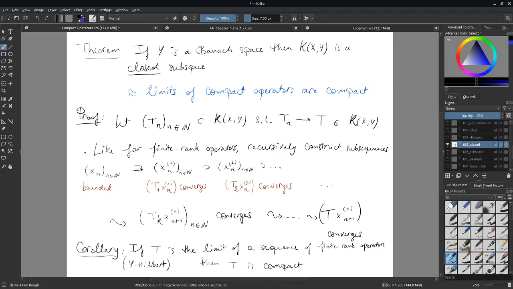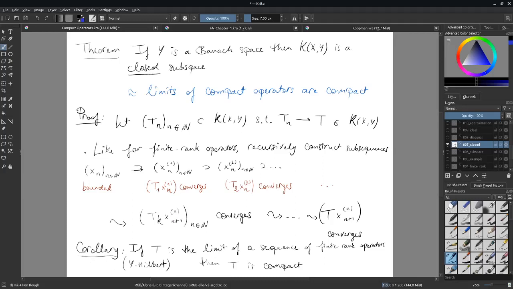So the idea is we start with a bounded sequence. From this we can find some subsequence such that T_1 of x_n converges. From that we can then extract another subsequence such that T_2 of x_n converges, and so on. So for any k we can find a subsequence such that T_k of x_n converges. We're just building a convergent subsequence out of our initial sequence.